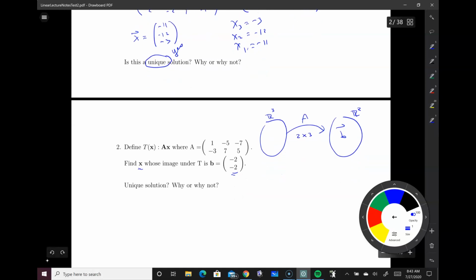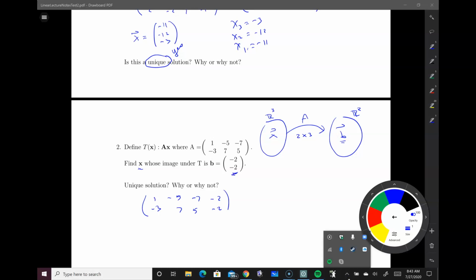Okay, so let's put together our augmented matrix, because I'm solving for the x's. I'm looking for the x that goes specifically to this b. All right, so I put it in my calculator and let it do the row operations for me.